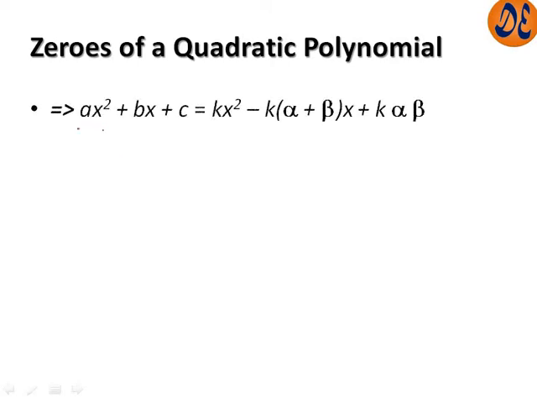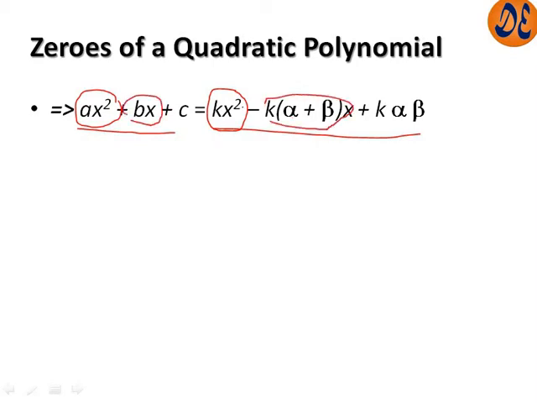Now if we compare the standard form with the expression that we have derived, there is x square here also, x here also, and a constant term here also.